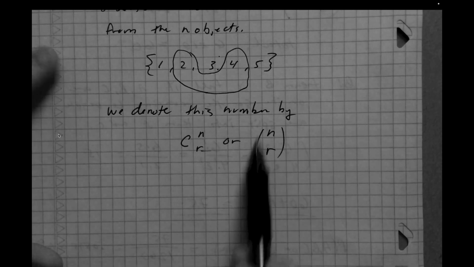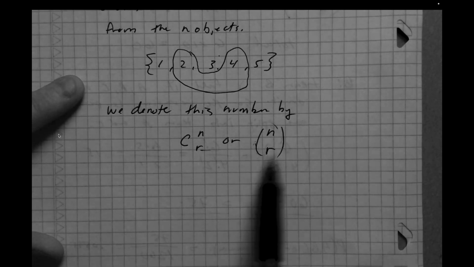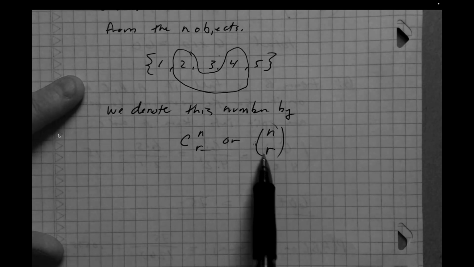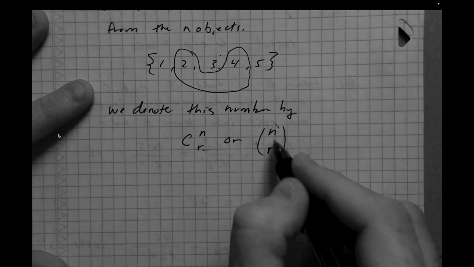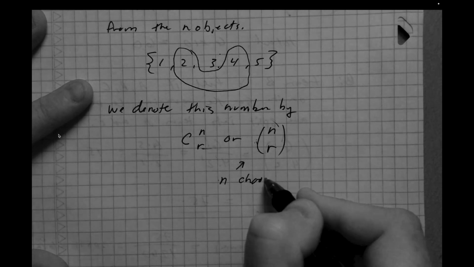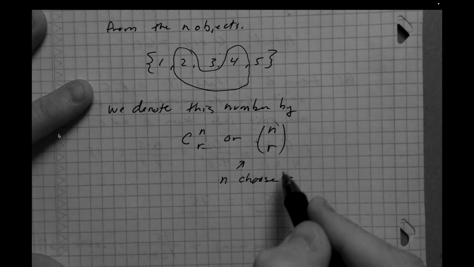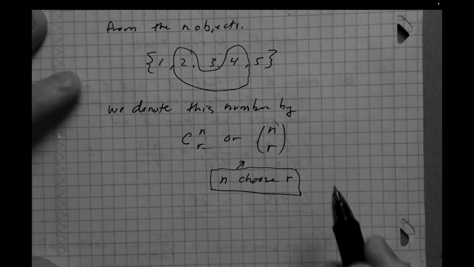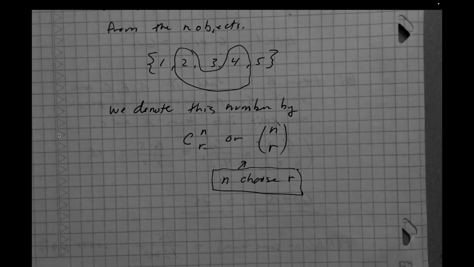This is more common, and this is the one we'll be using. We will frequently refer to this as n choose r. I don't know that it's necessarily called the choose function or anything like that, but we do refer to it as n choose r. So for the example of the employer, it'd be 5 choose 2.